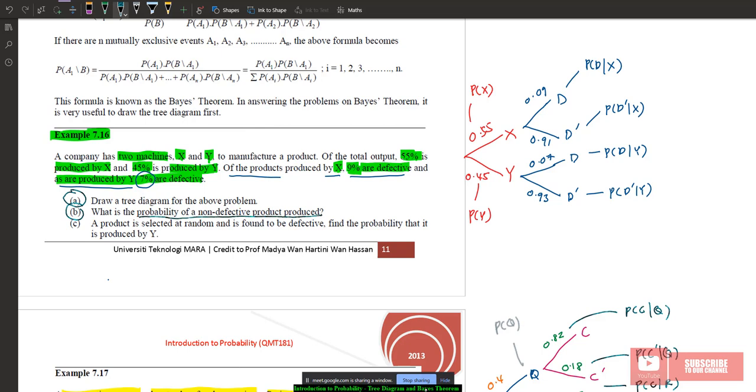So for the probability of a non-defective product, we want to find the probability of D complement, right?